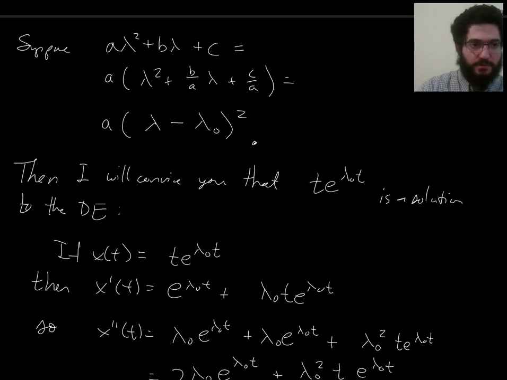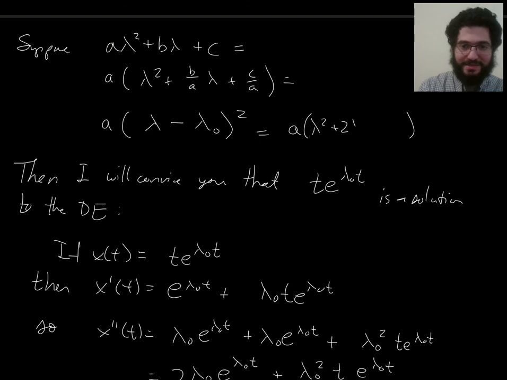If lambda naught were a repeated root, as we're supposing it is here, then this polynomial must equal a times, and let me square this, lambda minus lambda naught squared. That would be lambda squared minus 2 lambda naught lambda plus lambda naught squared. That's what you get when you square this binomial.